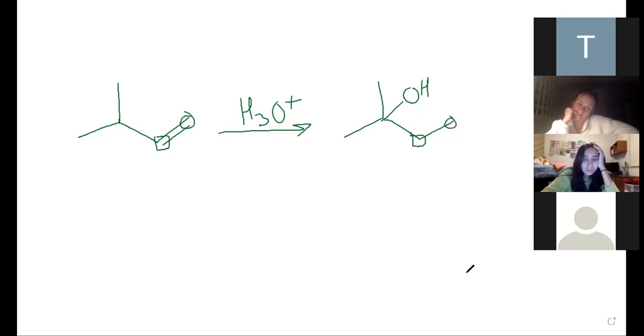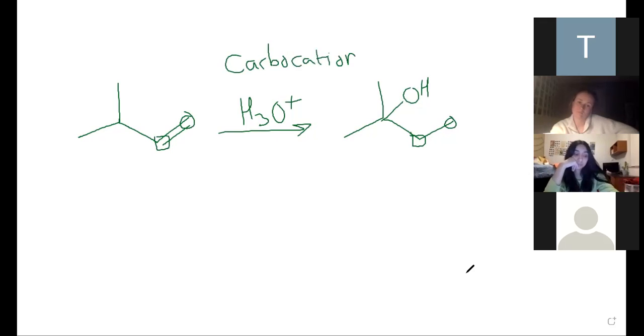Is that OH added to a carbon that's part of the double bond? Nope, because when you do H3O plus, you form a carbocation intermediate. So you can have a rearrangement with this. Rearrangements are possible.